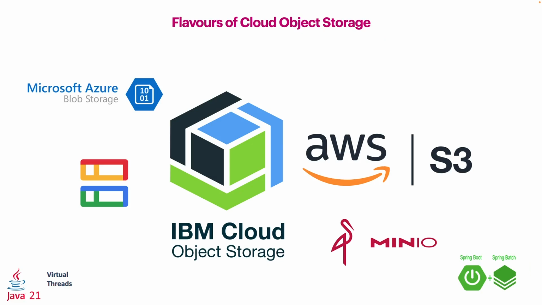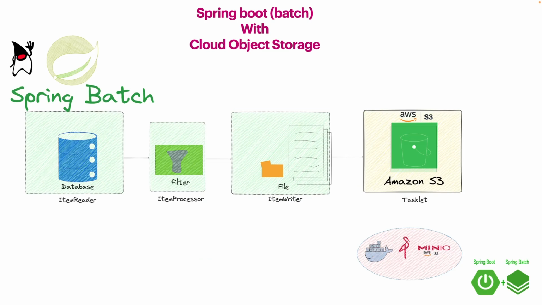It's very simple. When we think about the flavors of cloud object storage, we can think of the Microsoft one, the IBM Cloud Object Storage, the Google Cloud Object Storage. And the most famous solution here, not necessarily the best, is AWS S3 from Amazon. So what are we going to do in this video?